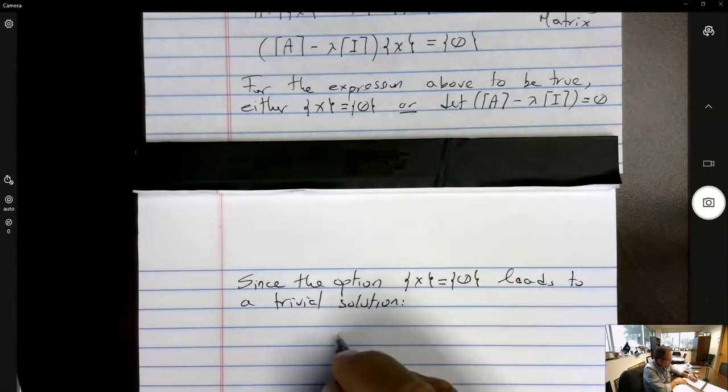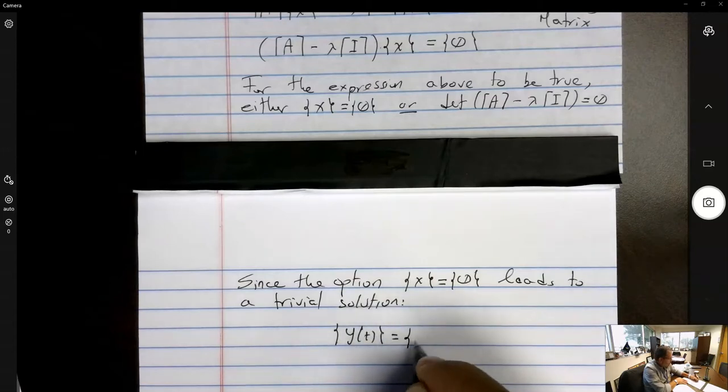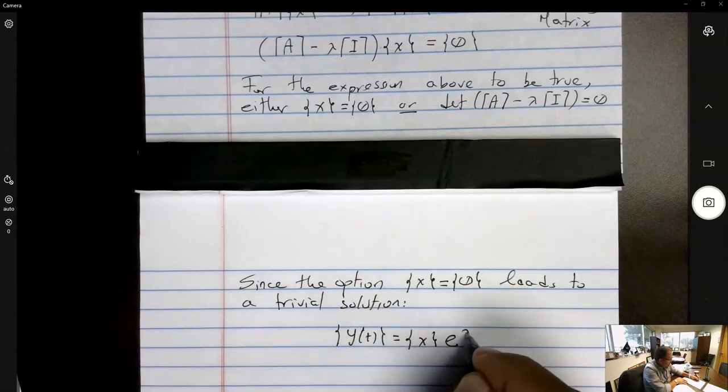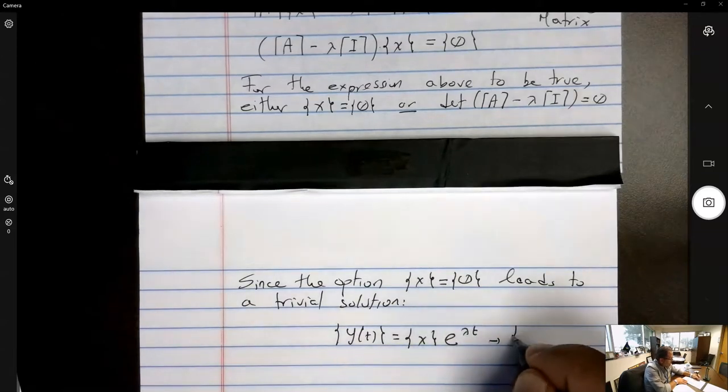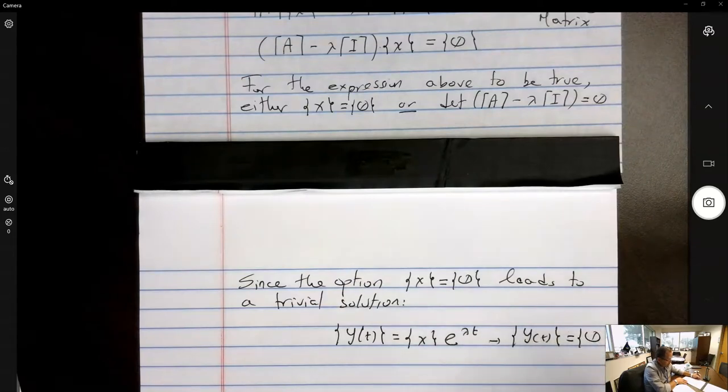Remember that y of t was set to be x times e to the lambda t, and therefore if you let the x's be equal to 0, then all the y's of t will be equal to 0, and we don't want that.